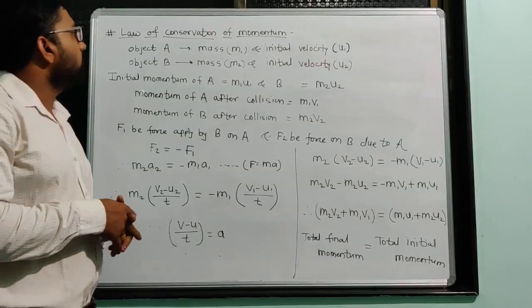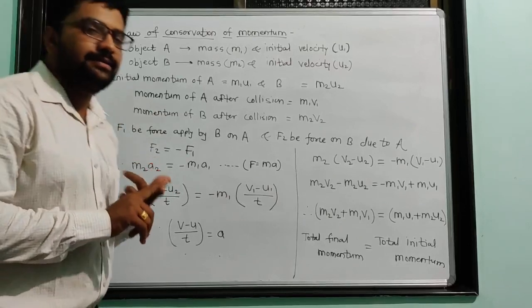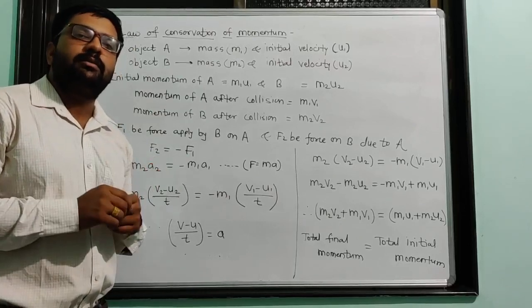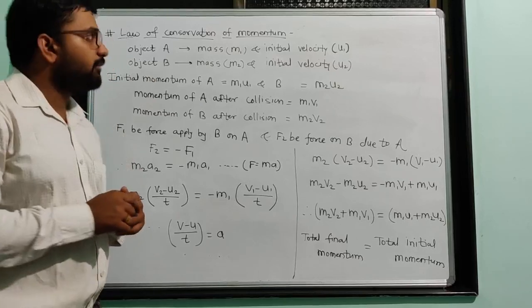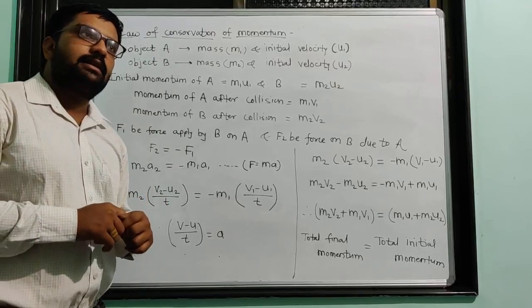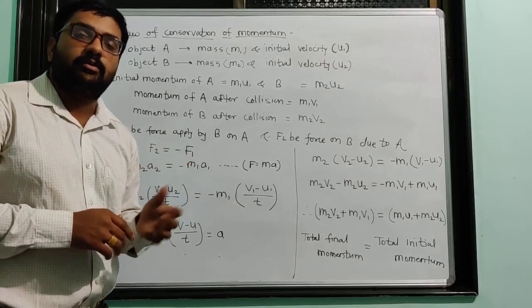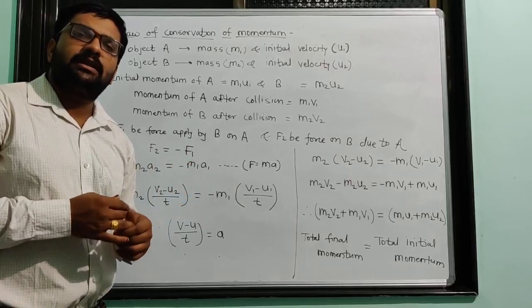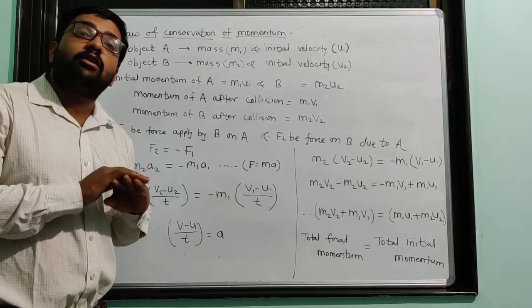That is the law of conservation of momentum. We have already studied momentum. Momentum is simply the product of mass and velocity. Now we have to see conservation. I think last year we studied the law of conservation of energy. Conservation simply means it remains the same, it does not change.